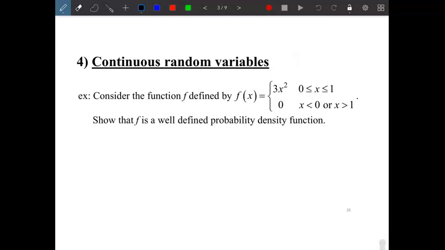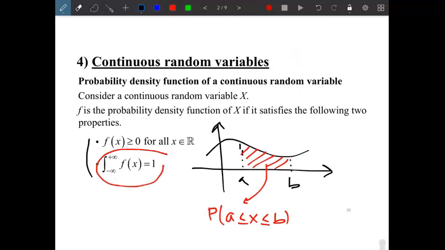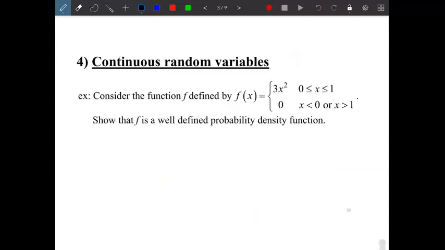Now we've just seen that for a function to be a probability density function, it has to satisfy these two conditions. f has to be positive, or 0, for all x in R, and the integral from negative infinity to positive infinity of f of x has to be 1. So let's check the first condition, f of x greater or equal to 0.